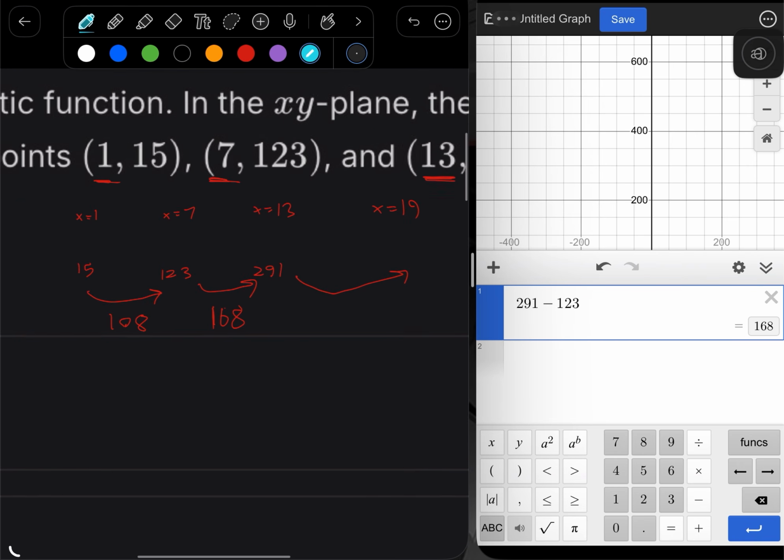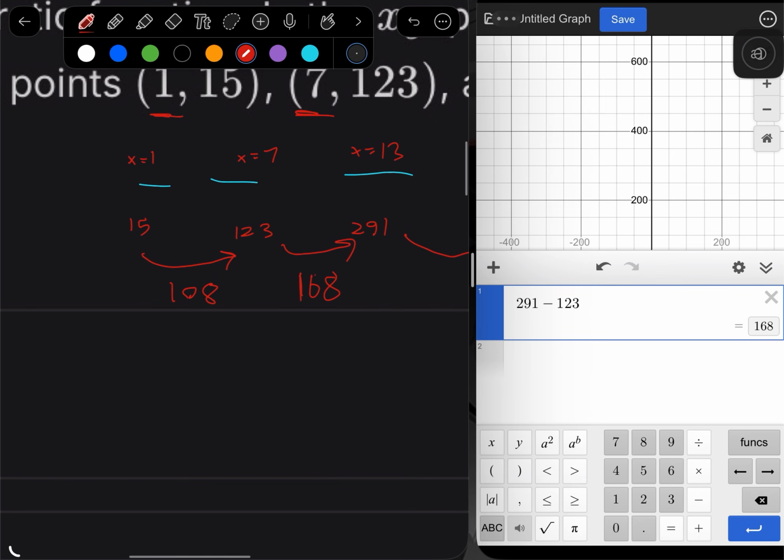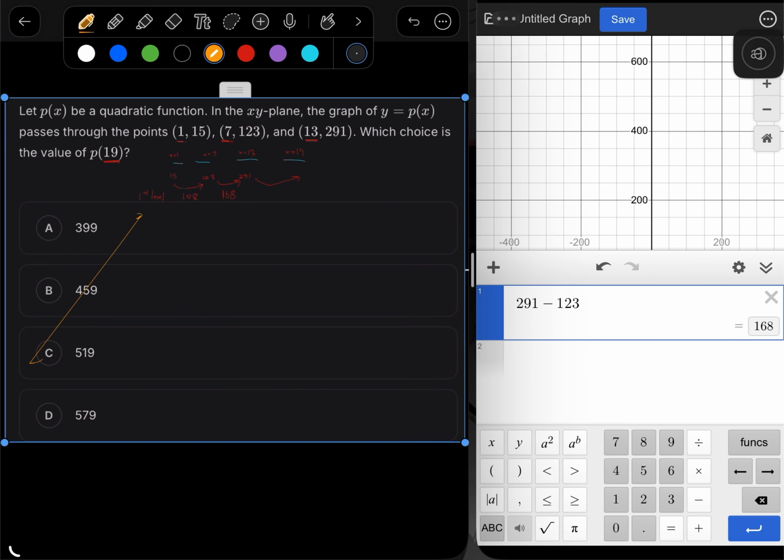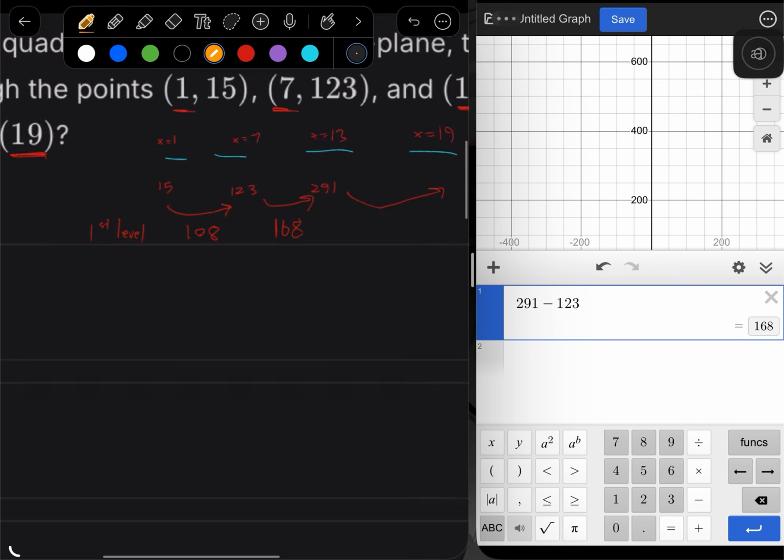Anytime you have x coordinates that are spaced out evenly, this is a difference of 6, 6, 6, what you can actually do is look at the second level of the difference. You can think of this as the first level, and then your second level is your difference between your differences.